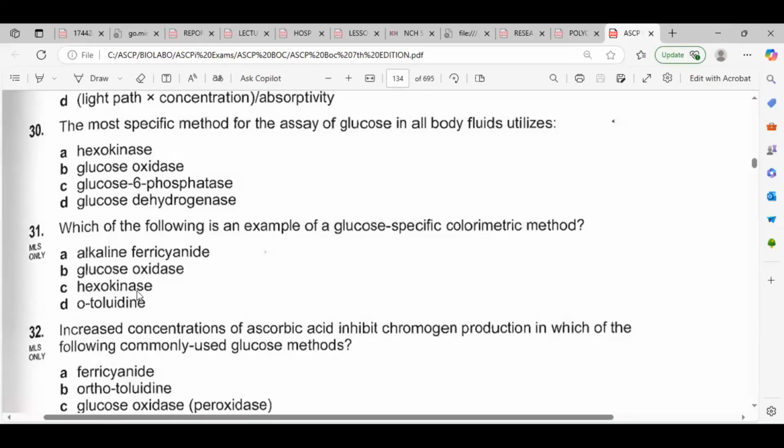You know that one. But why is hexokinase not specific? Who can try to explain to us why hexokinase is not specific? I have already described how it works.